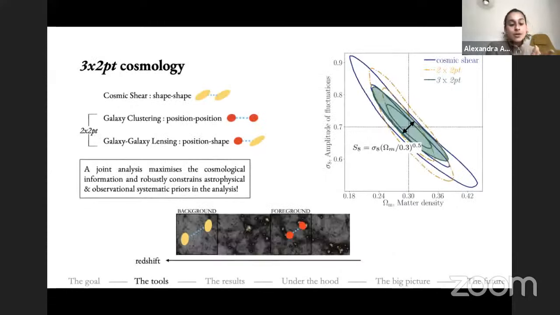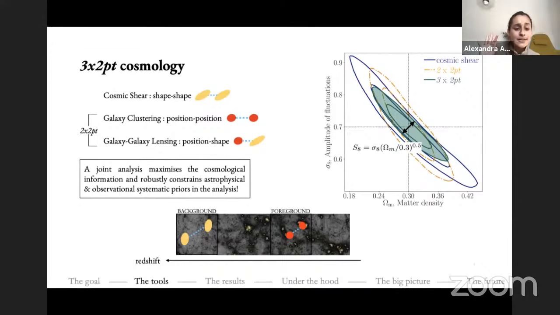Now, the cosmological workhorse for DES we call the 3x2 point. And that's because we're combining three 2-point correlation functions. So the shape correlation of the sources, the background galaxies, that's cosmic shear, and that's really the core of the analysis. The position correlation function of the lenses is galaxy clustering, and the cross correlation of the two, galaxy-galaxy lensing, ties the galaxies to the underlying dark matter distribution.